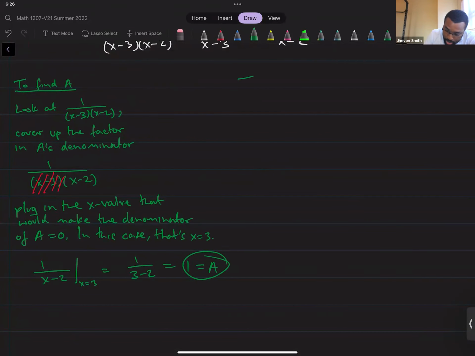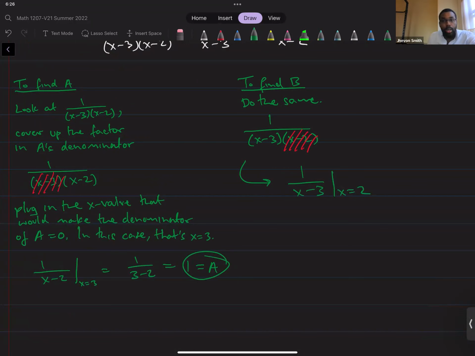To find B, you would do the same thing. You'll have this 1 over x minus 3, x minus 2. You're going to cover up the x minus 2 with your finger, and then you're going to take what's left over and plug in x equals 2, which is the value that would make that denominator 0.